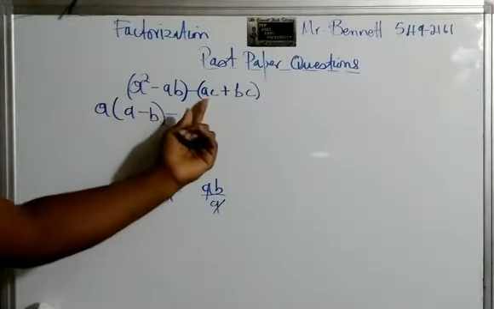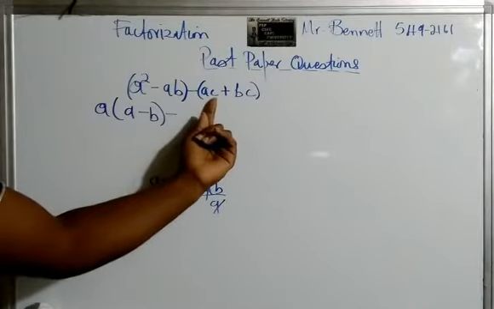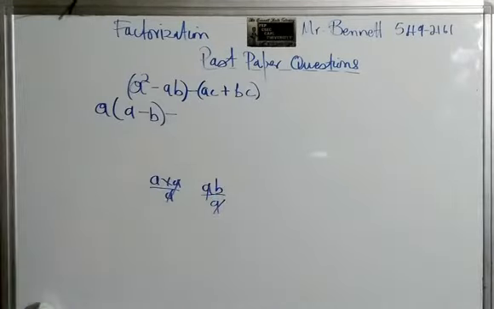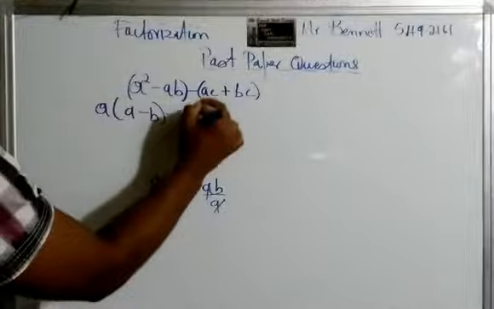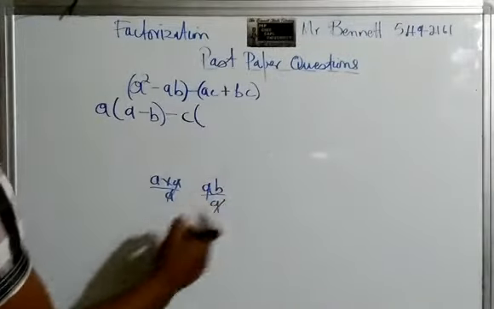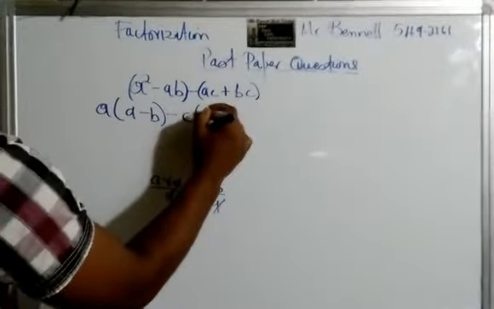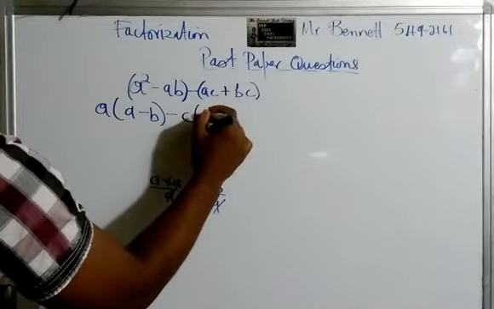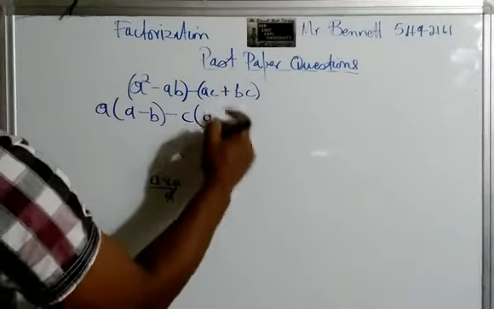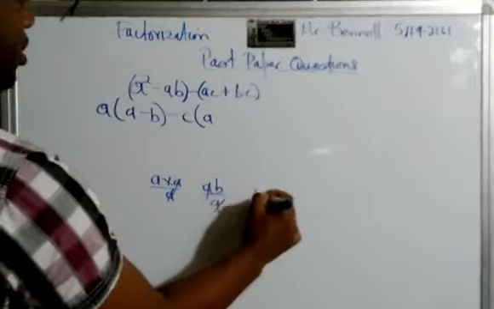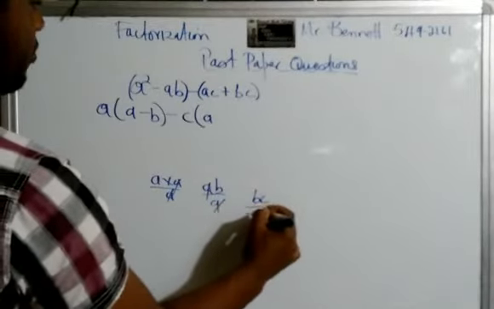Check what is common here. And as I said before, C is common. C is in both. Then you say C into AC. I won't show that step right now because it's rather simple. So that will leave A and BC divided by negative C.